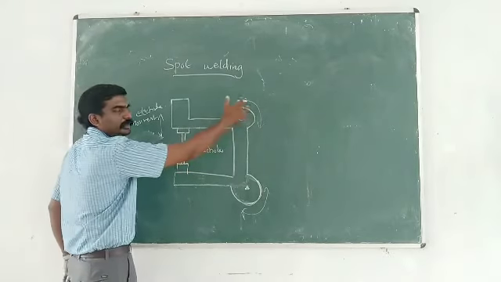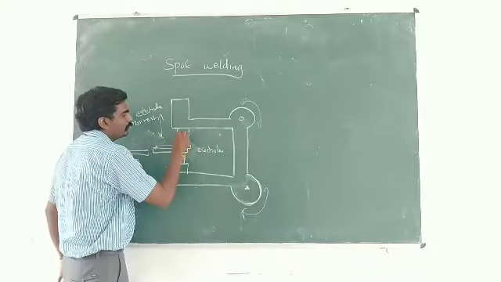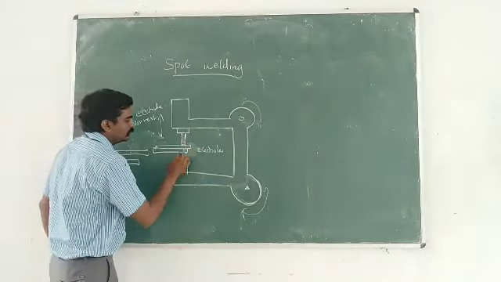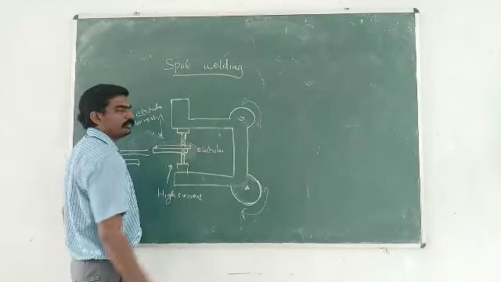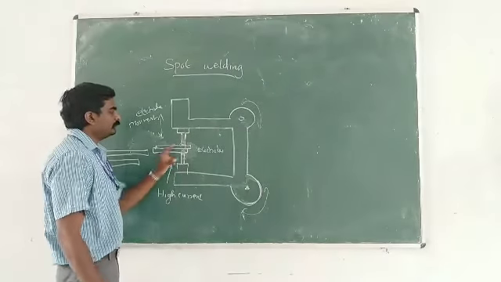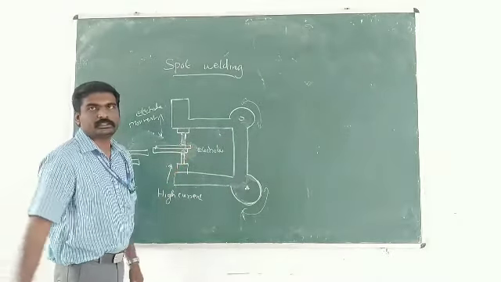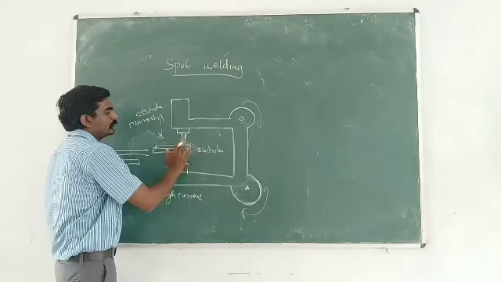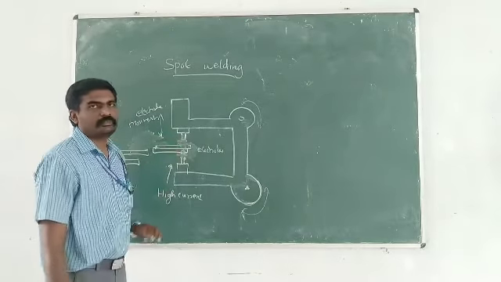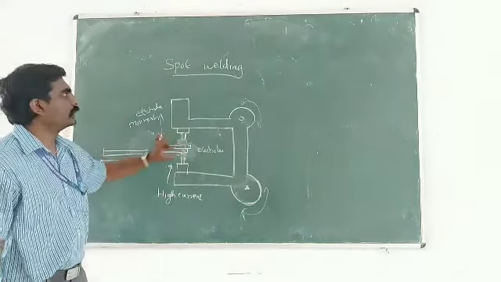Then by bringing the robot tip close to the plates and applying a high current, this area becomes molten because of the high temperature, and after some time it solidifies, and we can remove these electrodes. So then we can see that these two plates are welded together.